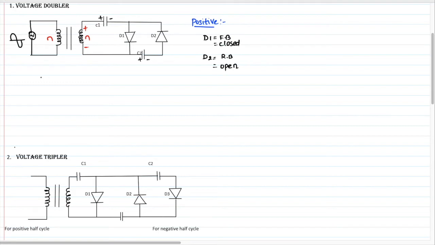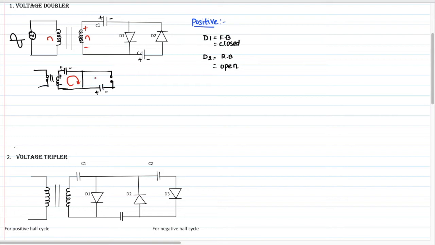If you are redrawing this circuit, this diode is closed now, then the capacitor, and this diode is open because of the positive input. So plus minus, and here also plus minus. Now let's apply KVL for the circuit.